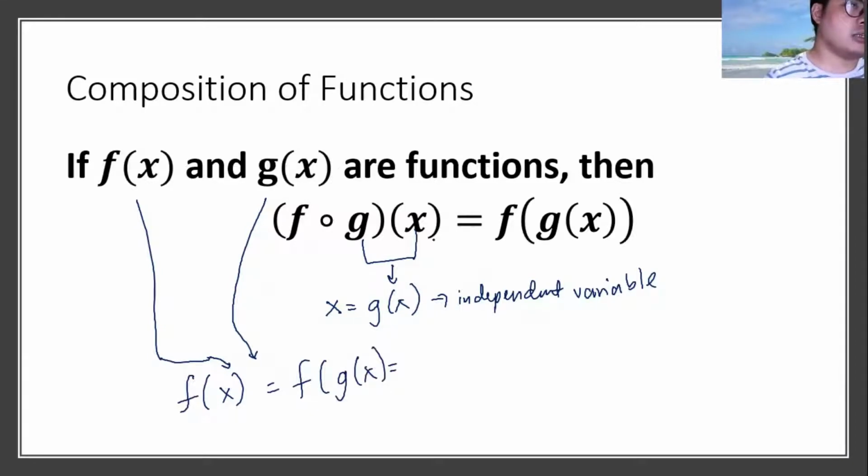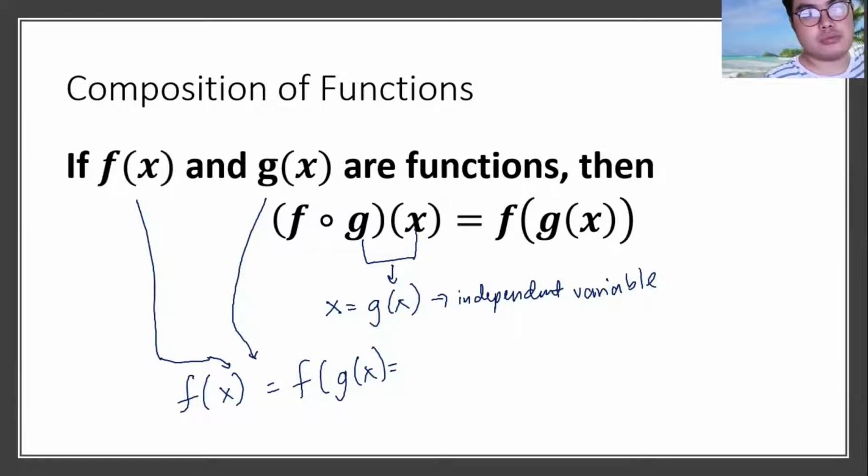Your x will be g of x based on this definition.